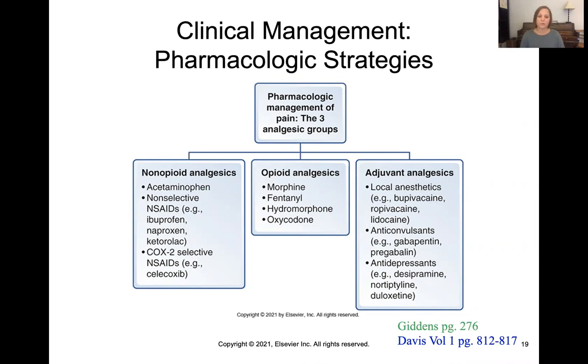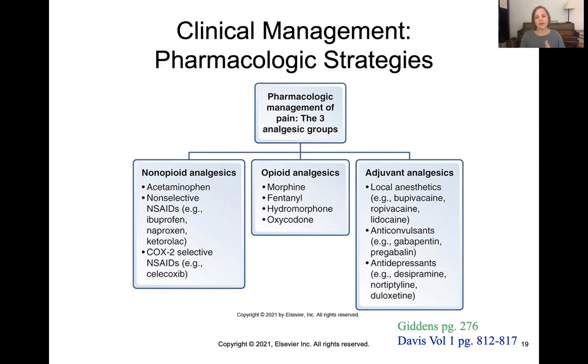So the non-opioid analgesics are things like Tylenol, acetaminophen, NSAIDs, which are your anti-inflammatories like ibuprofen or naproxen. And then you've got your opioids. These are your controlled substances. They're highly addictive, but also highly effective at managing acute pain. Things like morphine, fentanyl, hydromorphone, or oxycodone.